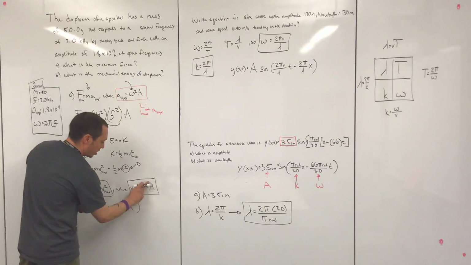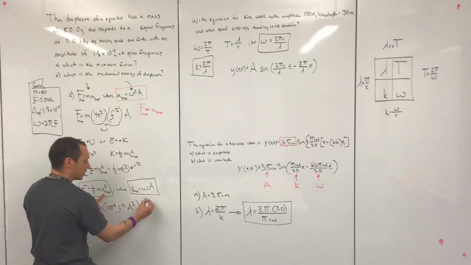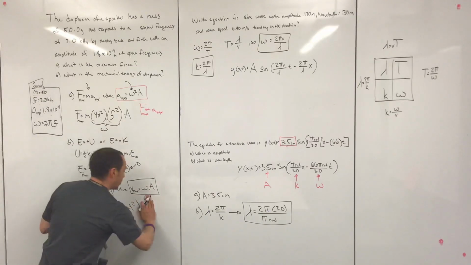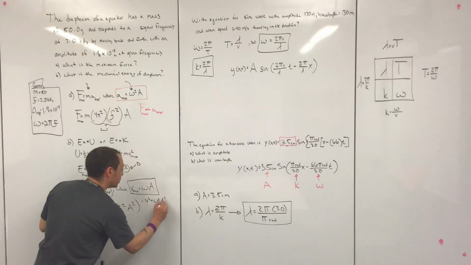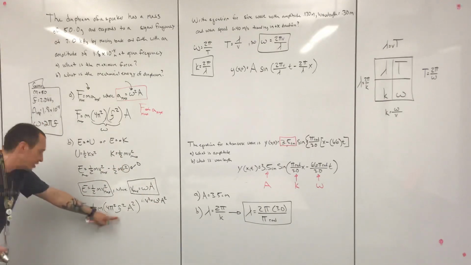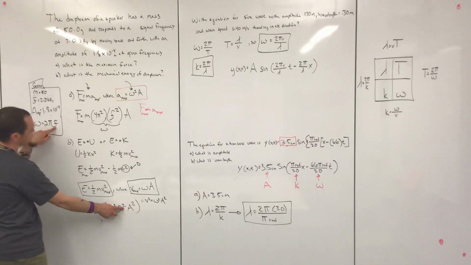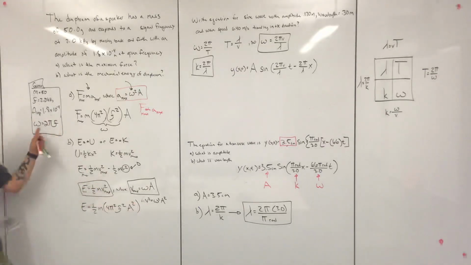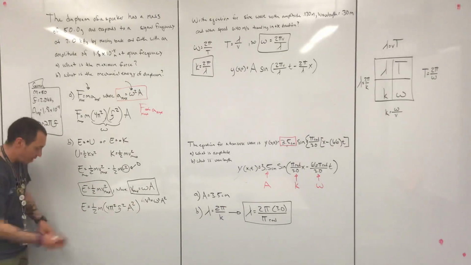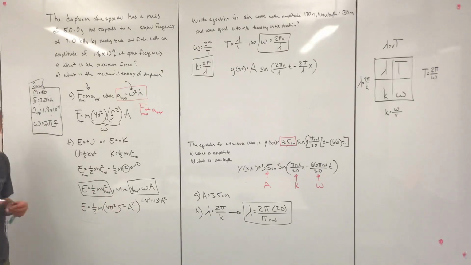That's our equation for velocity, but since velocity is squared in the E max, that means omega squared and the amplitude squared. So that's what we did here, where the 2 is squared, pi is squared, frequency is squared, and the amplitude is squared, because we know omega is 2 pi f. And then 1/2 m, we know m and we know 1/2, right? So that's the total mechanical energy.